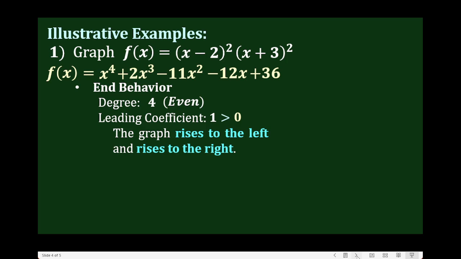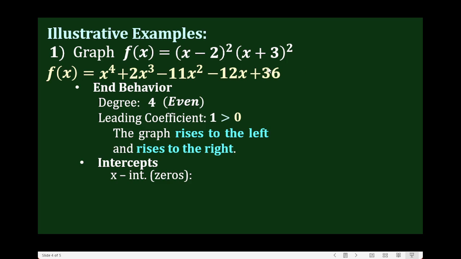The next thing we need to determine after the end behavior is the intercepts of the function. So let us take first the x-intercepts, also known as zeros of the given polynomial function. Now, one thing about a polynomial function written in factored form is that we can easily identify the x-intercepts.